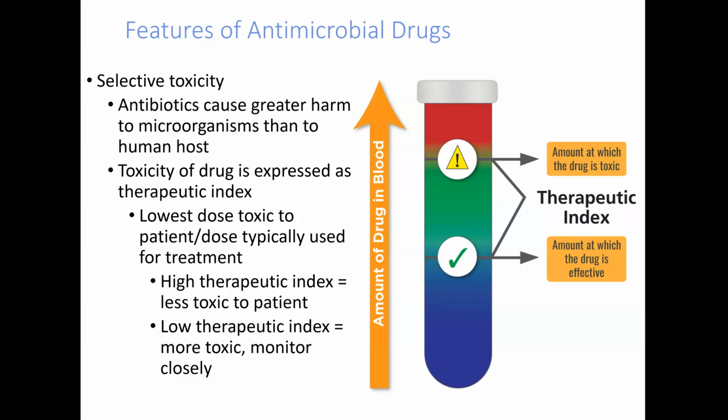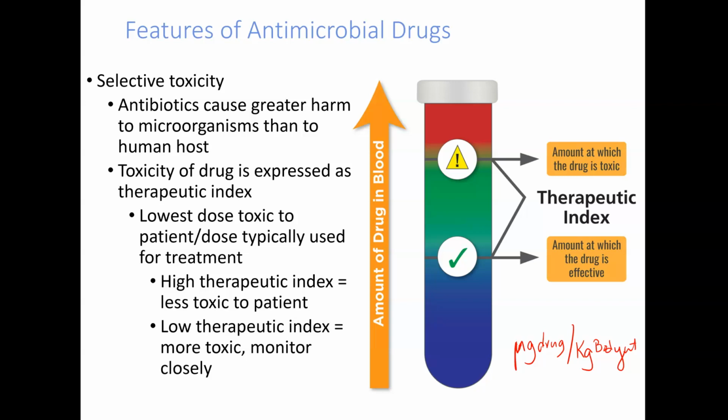First we have the amount. Let's just say the amount of drug in the blood, typically measured in micrograms of drug per kilogram of body weight, is usually how most drugs are administered, right?